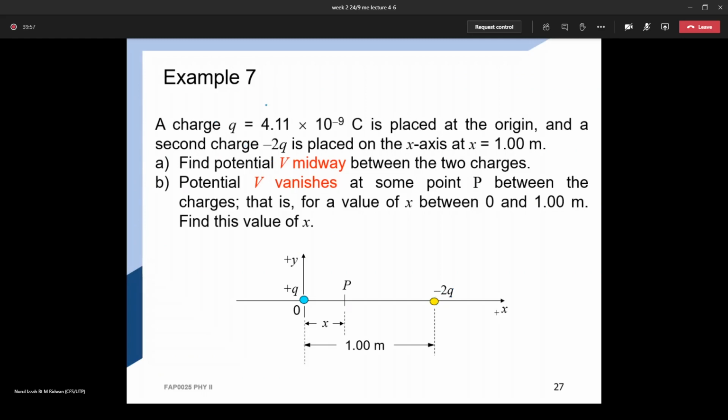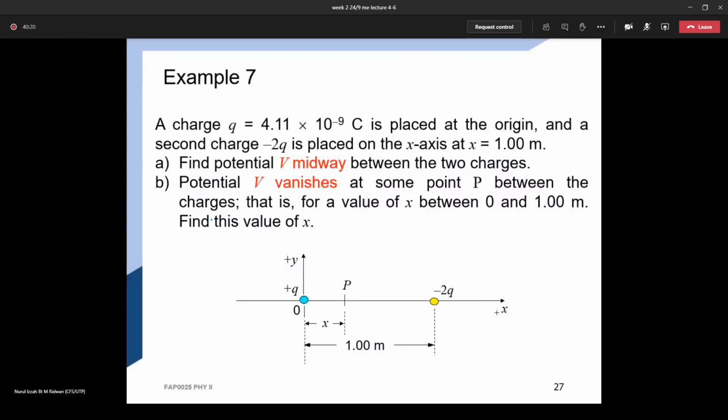So charge 1 is 4.11 and it is positive. Charge 2 is negative 2Q, then it should be 8.22. Here you need to have it as 10 to the power of negative 9. So somehow in the questions, they might write it as nanocoulomb. So nanocoulomb will give you this much of values of the charge.